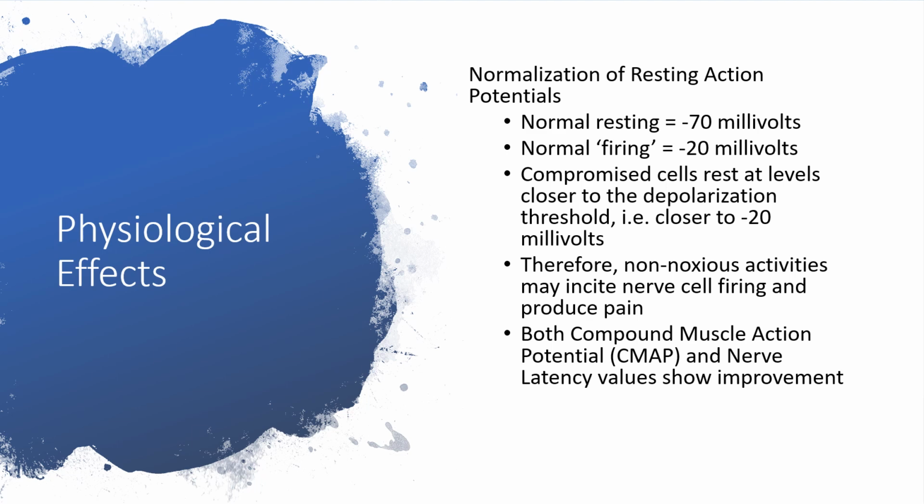Compromised nerve receptors in tissues rest at levels closer to the depolarization threshold, meaning higher than the normal resting point of negative 70 millivolts. That means that normal non-noxious activities which create minimal stresses on tissue can easily cause depolarization and produce pain. Laser therapy can help restore the resting action potential within damaged nerve tissue closer to the normal negative 70 millivolt range.